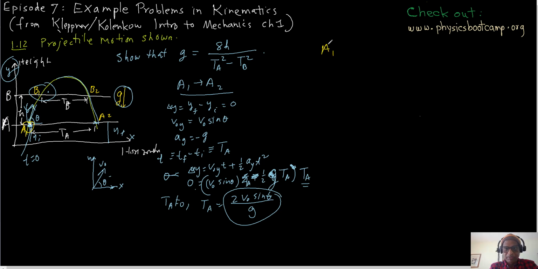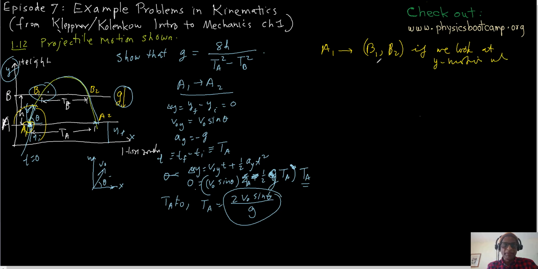So I'm going to start with a1 because I already introduced the initial velocity there. a1 to b1 and b2. I'm going to capture both of them by just looking at y. If we look at y motion only, let's see what we get.